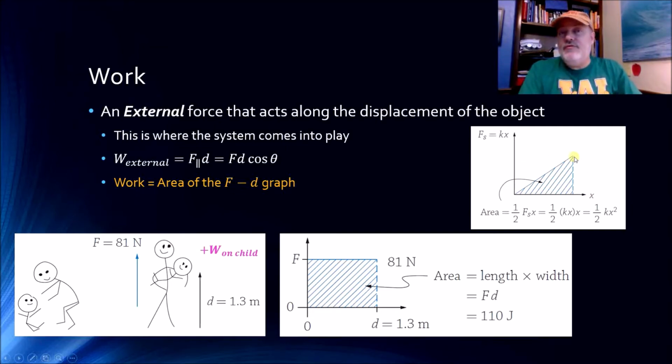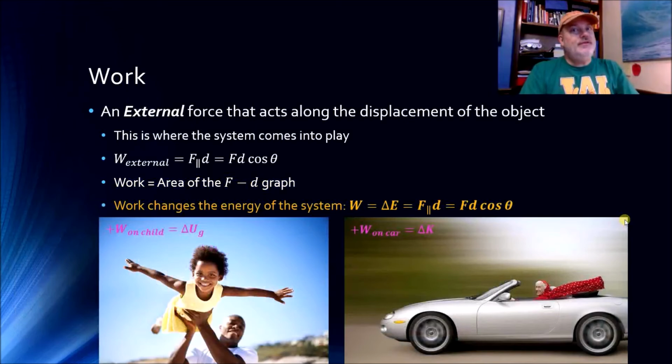And this is actually how we find spring potential energy. There's the spring force equation. There's x. As we stretch it, the spring force gets bigger. And we find this area underneath here, it's 1/2 base times height, which turns out to be 1/2 kx squared, which is spring potential energy. Which brings us to our last equation. Work changes the energy of the system.